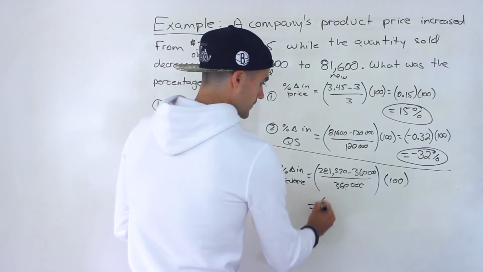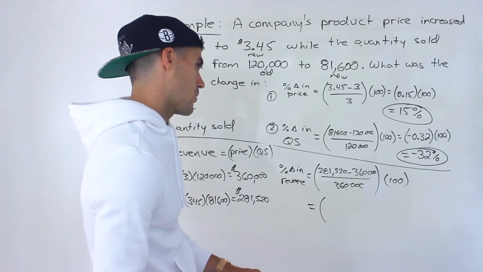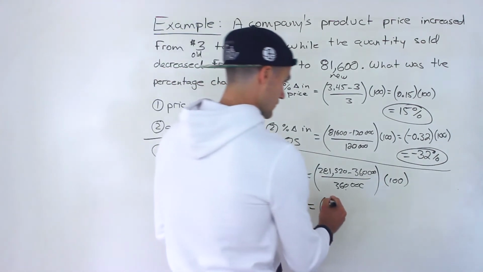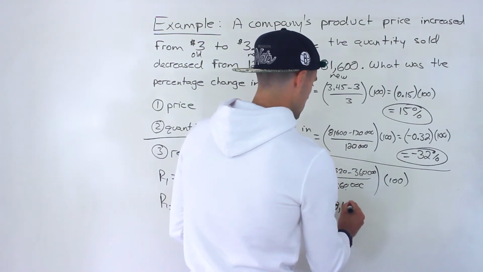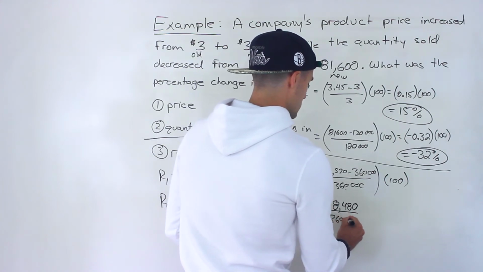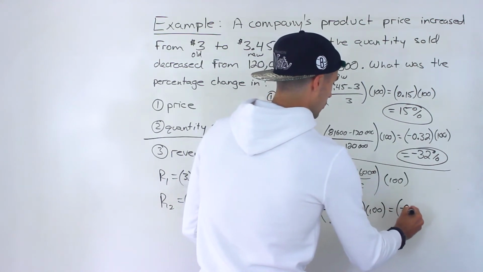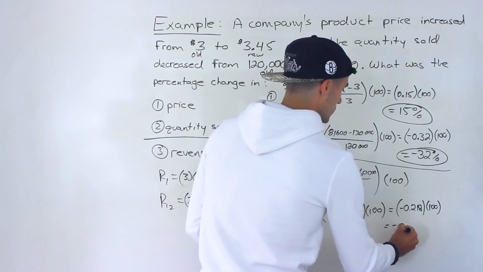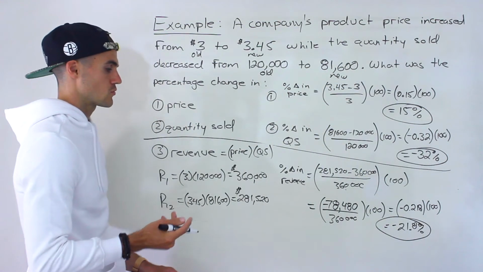And what would happen is over here, you'd end up with negative 78,480 over 360,000 multiplied by 100, which would be negative 0.218 multiplied by 100, which would give us negative 21.8%. So that's the answer to number three. That's how much the revenue went down.